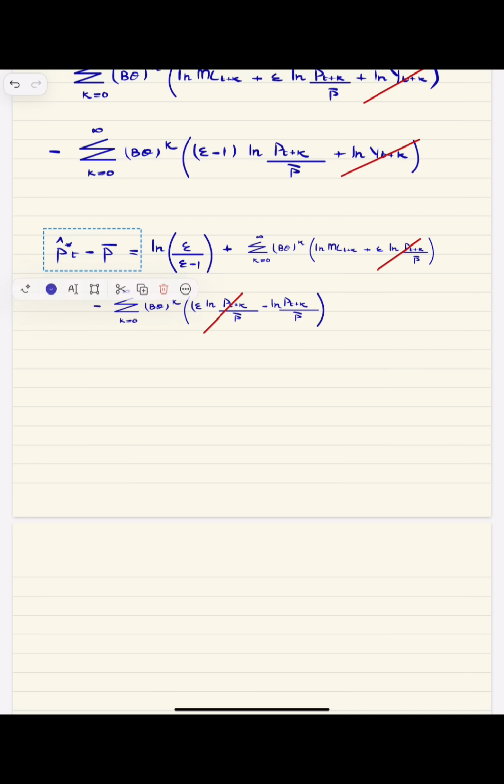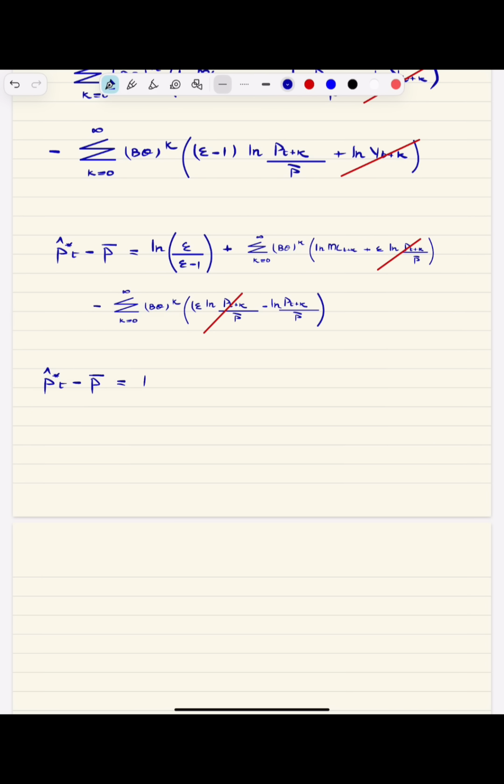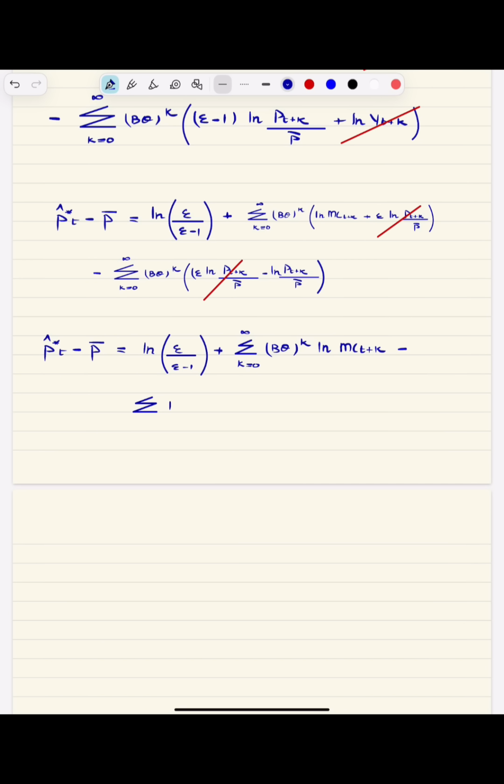Okay, so the left hand side equals ln epsilon e minus 1, plus the summation k goes from 0 to infinity of beta theta to the power k, and we have ln mc, and that's basically going to be the same as, let's just leave it there for now. ln mc t plus k minus the summation beta theta to the power k, k goes from 0 to infinity, and a minus and minus will become a positive.